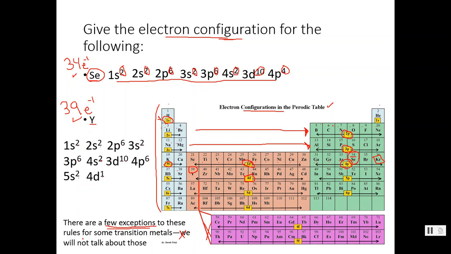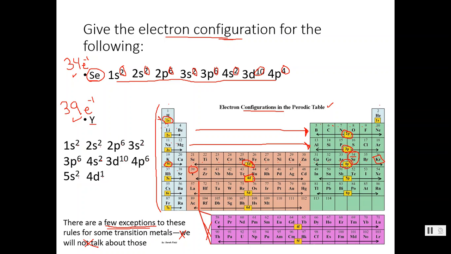So all of the electron configurations that we will do in this course will use the rules that we have talked about so far. I'm not going to ask you to give me the electron configuration for a transition metal that's an exception.